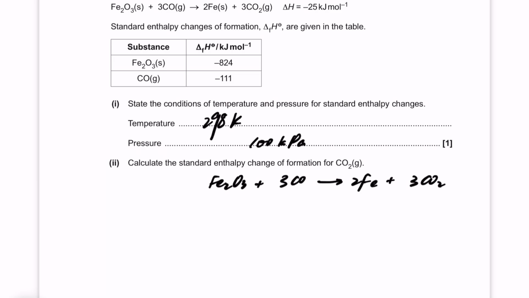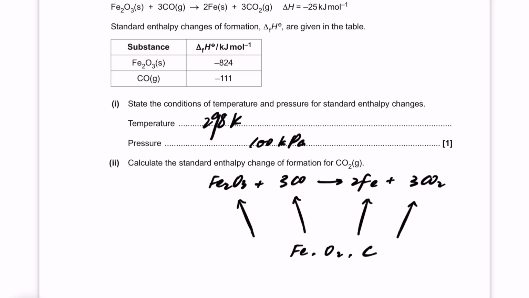I basically just copy-paste the top equation right here, and then let's write out all the constituent elements from all of the substances that we have in the reaction. We need Fe, we need O2, and then we need carbon, and that's it. We are going to try to form the Fe2O3, the carbon monoxide, the Fe, the carbon dioxide.